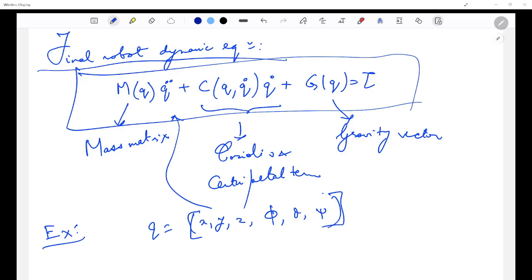Okay, so it's the acceleration term. X double dot is linear acceleration in the x direction, y double dot in the y direction, etc. Phi double dot is your angular acceleration.